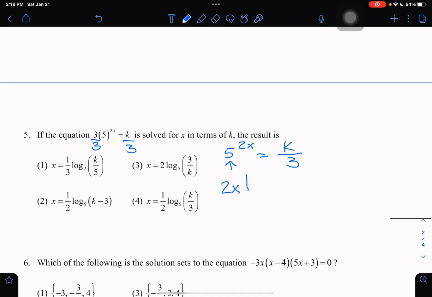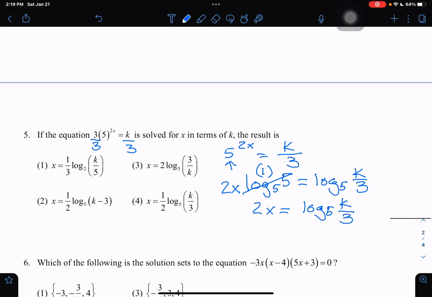So we're going to multiply 2x times log base 5 of 5 is equal to log base 5 of k over 3. This comes out because this is really 1, and 2x times 1 is 2x is equal to log base 5 of k over 3.